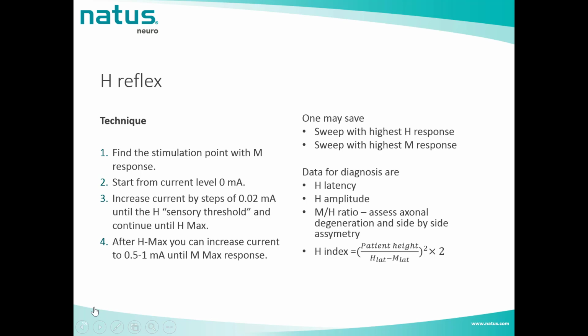So by only taking into account a latency, you may get distracted in your values by the limb length. The H index takes into account the patient height and therefore provides you an index that is not influenced by patient height, and that might help when you do multiple patients.